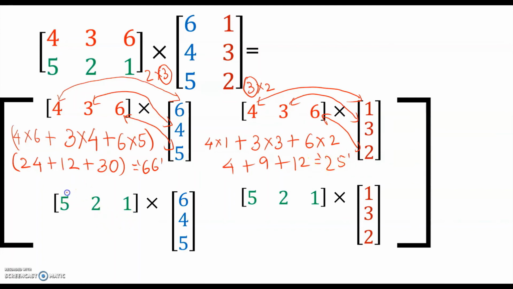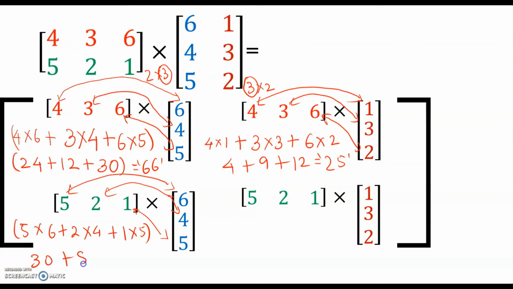So repeat the same process here. So you get 5 times 6 plus 2 times 4 plus 1 times 5. So it's 30 plus 8 plus 5. And that will be equal to 43.